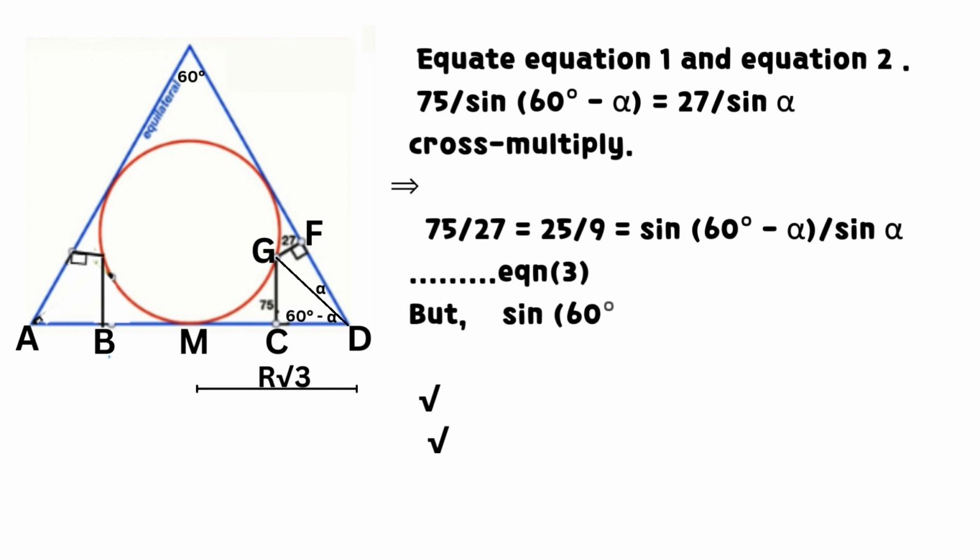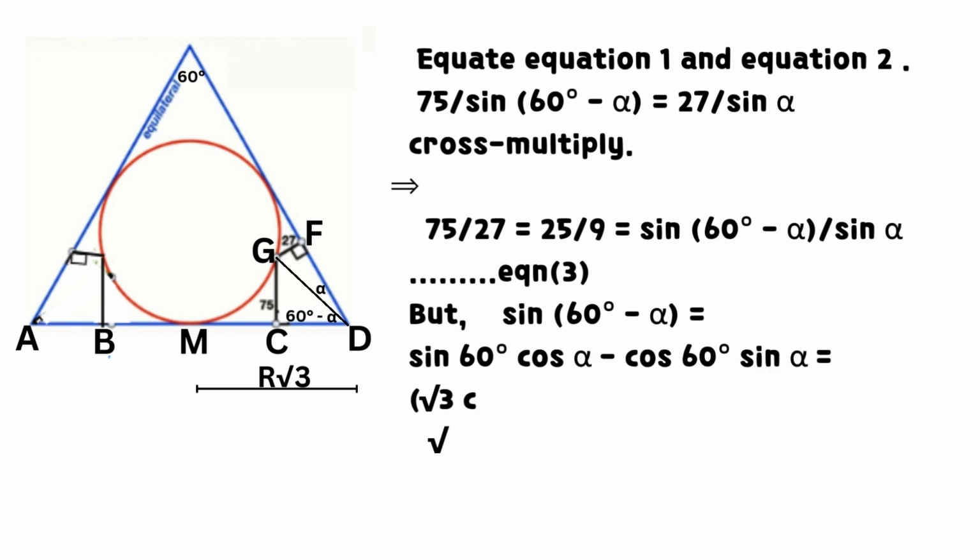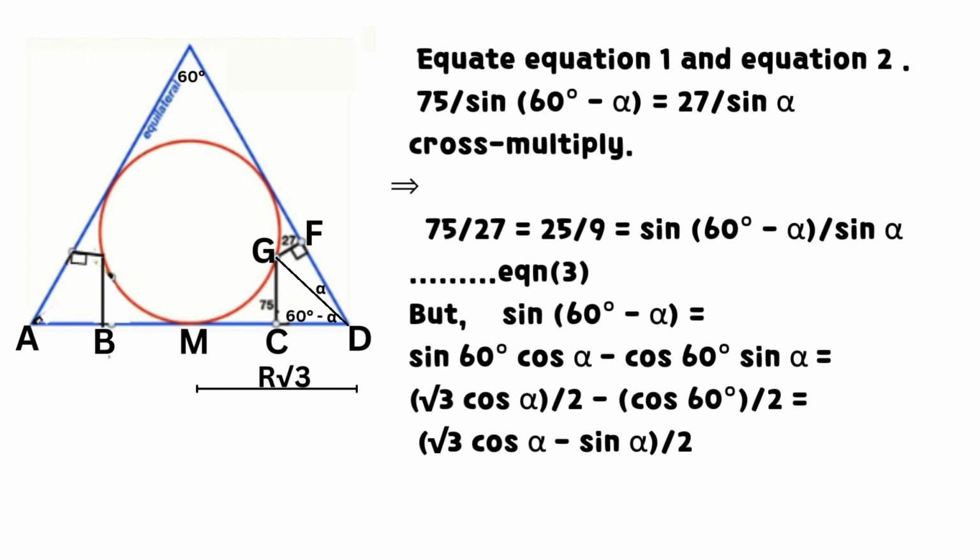Cross multiply. It signifies that 75 divided by 27 equals 25 divided by 9, which equals sine of 60 degrees minus alpha divided by sine alpha. We call it equation 3. But sine of 60 degrees minus alpha equals the result shown on the screen.